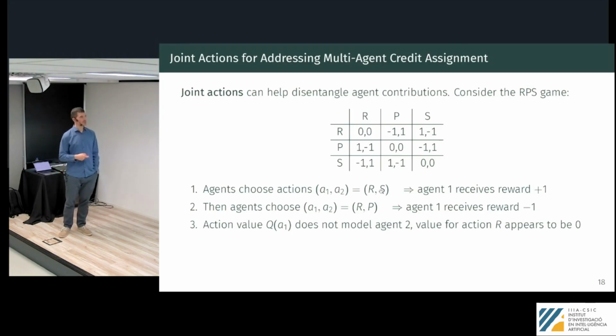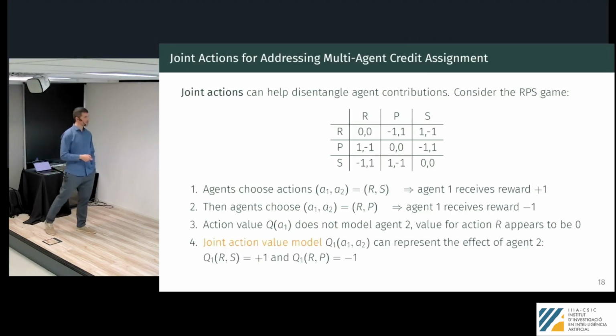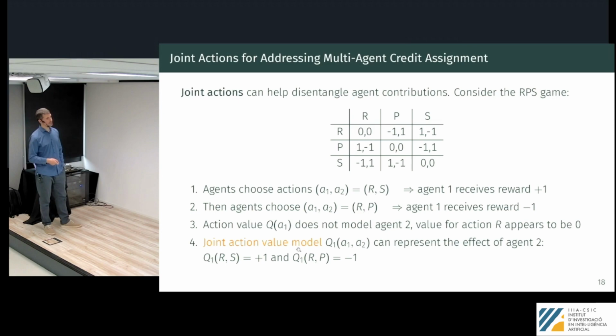But of course, in reality, the difference is in the action of what the other agent did. It's just that we're not modeling this, so we have to take the average, and the average tells us it's 0. Now, if we do an action value over the joint action, then we can actually disentangle that, right? We know that if it's a joint action that is composed of these two choices, then we can represent that separately. We know that for RS, you get a +1, and for RP, you get a -1.